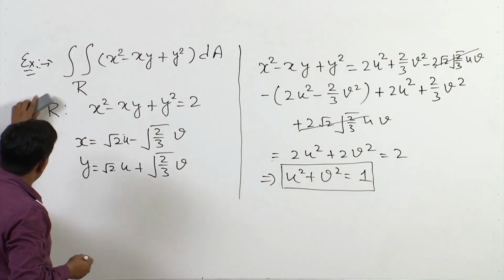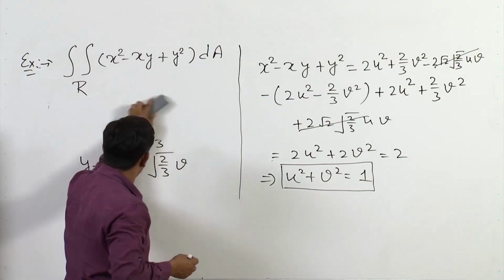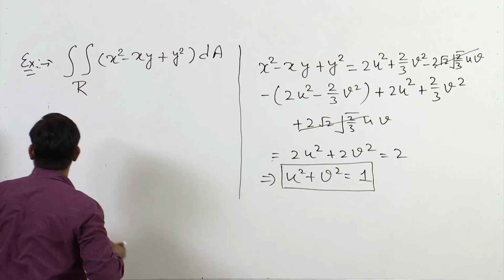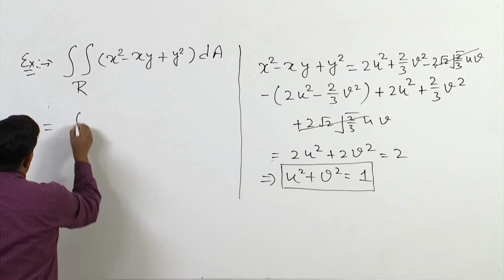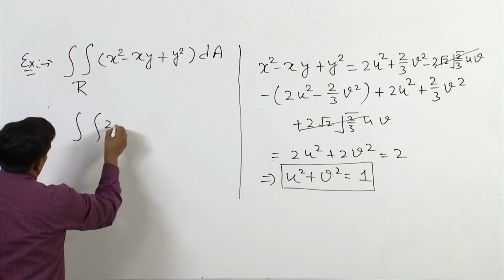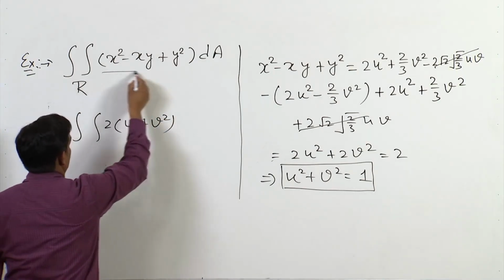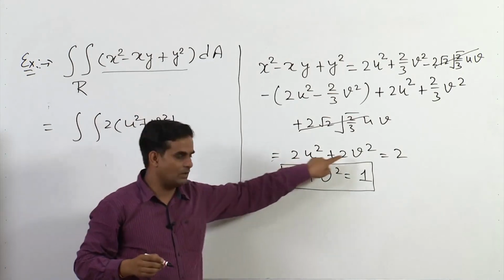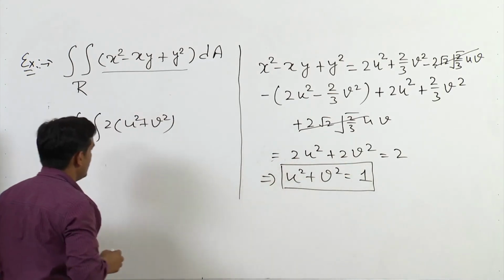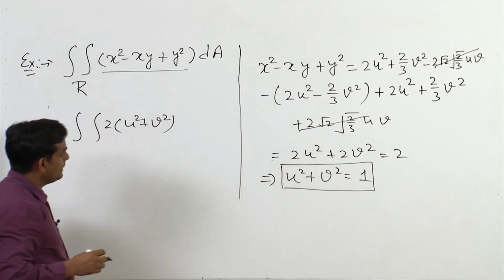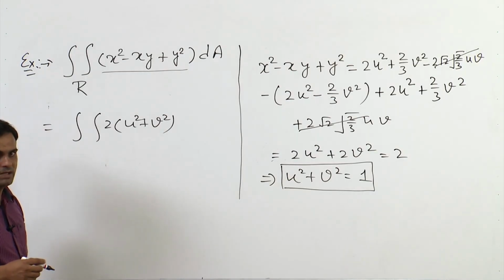So, now I can write this integral. This will become 2 u square plus v square, because this term equals twice u square plus twice v square. The only thing I need to calculate is the Jacobian.